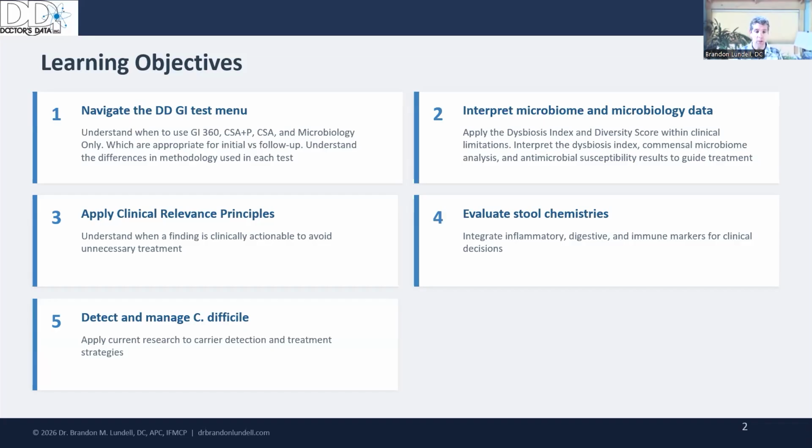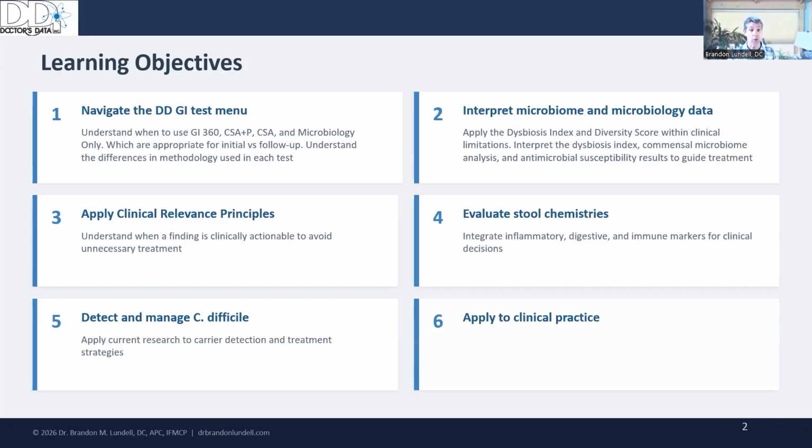You need to distinguish whether it should be treated or followed, and you might also get a call from your state health department, because in many states Doctor's Data has to report that. So you have to know whether to treat and whether to refer. I wanted to throw that in there.